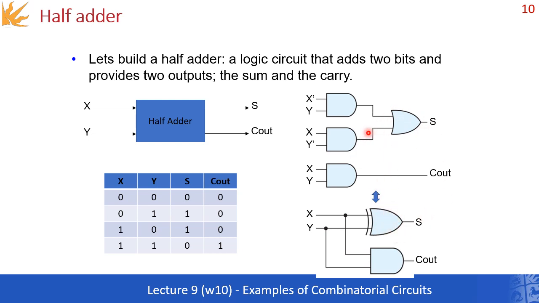Therefore, this circuit over here can be simplified, in a sense, by being rewritten in this way. Now, in this case, you only use 1 level. The circuit has 1 level instead of 2, and it only uses 2 gates. It uses a XOR gate for the sum and an AND gate for the carry out. And this is how you would implement a half adder.